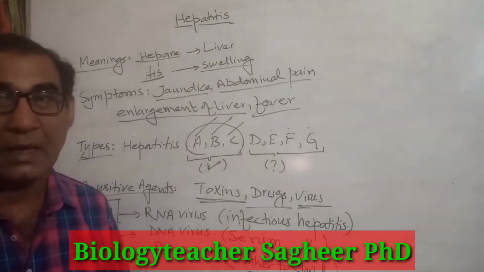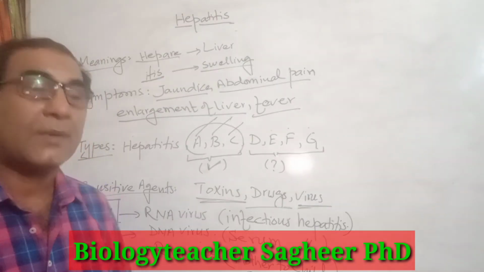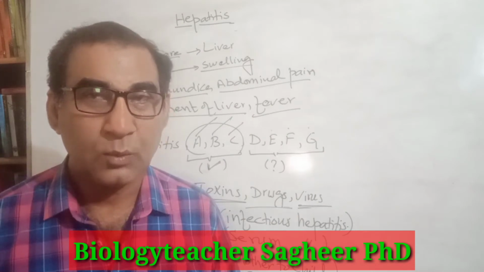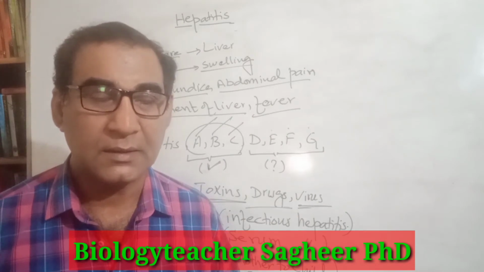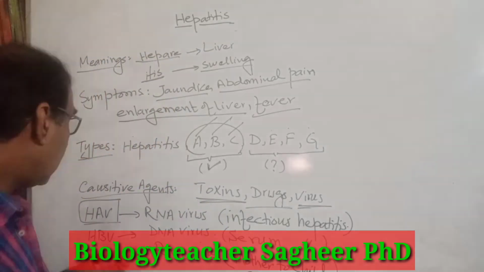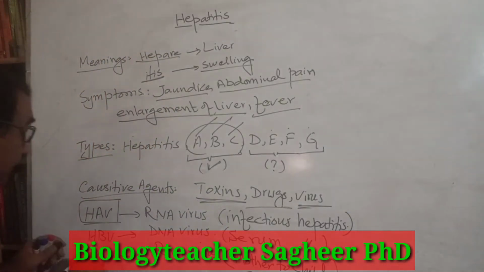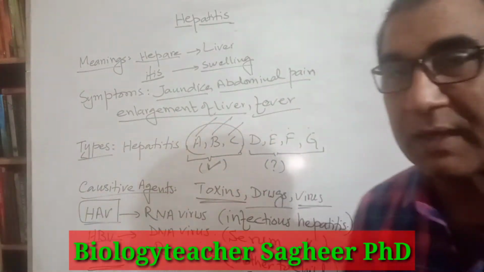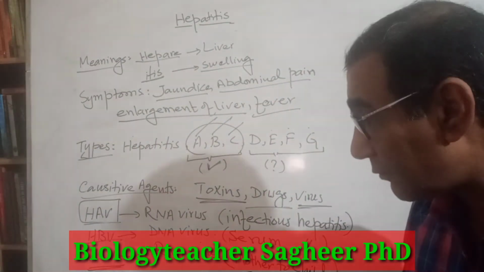Hepatitis A. The hepatitis which is caused by virus B, I will explain the detail of these viruses, is known as hepatitis B. And if it is caused by another virus, virus C, then we call it hepatitis C, because it is caused by hepatitis C virus.